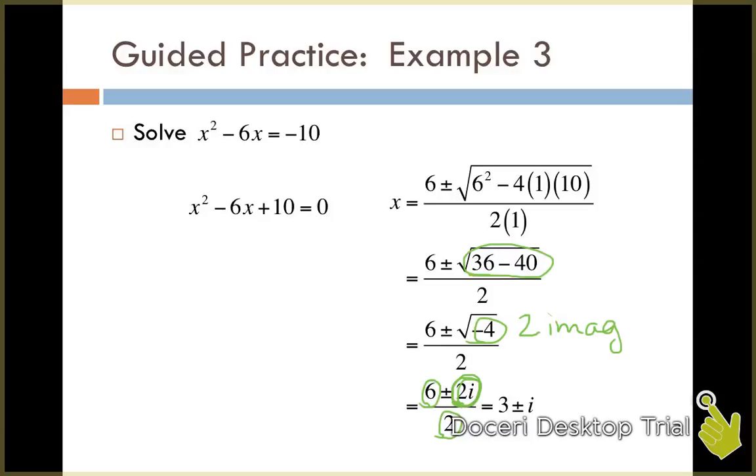I can factor out or cancel out a 2 from all of those. And so the 6 divided by 2 gives me that 3. The 2i divided by 2 gives me that i. And the 2 divided by 2 in the denominator gives me 1, which we don't really use in our final answer because it doesn't make any difference. So 3 plus or minus i should be the final answer to this equation.